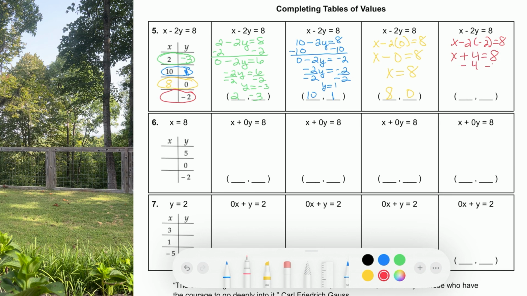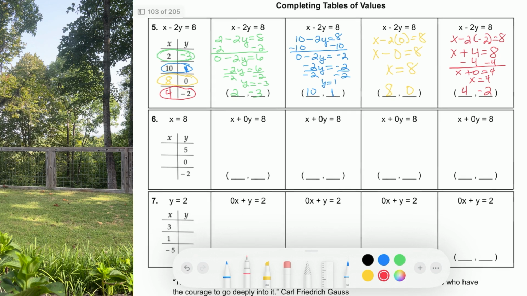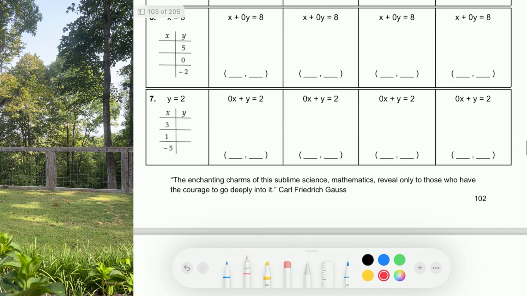Subtract 4 from both sides. I get x plus 0 equals 4. So x equals 4. So 4 here and a -2 here. And we're done with that particular problem. Now let's look at another one. In this one, we have x equals 8.